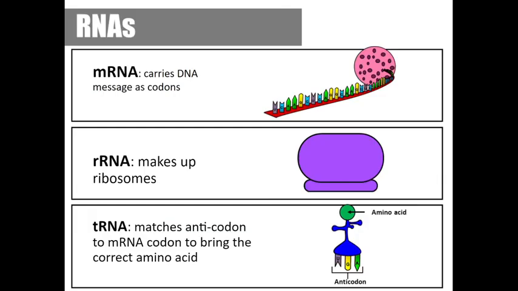Now, remember, we have 3 different types of RNA that all have different jobs. Your messenger RNA, or your mRNA, is what carries your DNA message as codons. Your rRNA, or your ribosomal RNA, makes up the ribosomes, while your tRNA matches the anticodon to the mRNA codon to bring the correct amino acid.